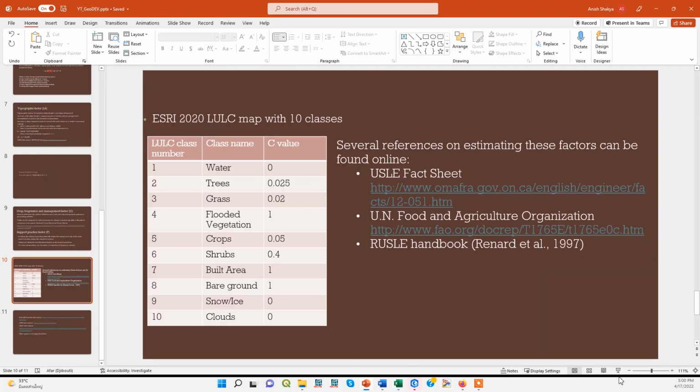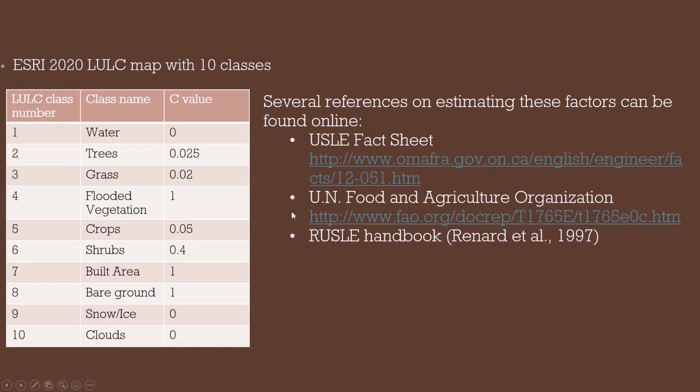This ESRI 2020 land use land cover map has 10 classes. The number 1 represents water and so on, and these C values are obtained from these references. So you can go to these references, look up the tables from the literatures, and assign the values for each LULC class.